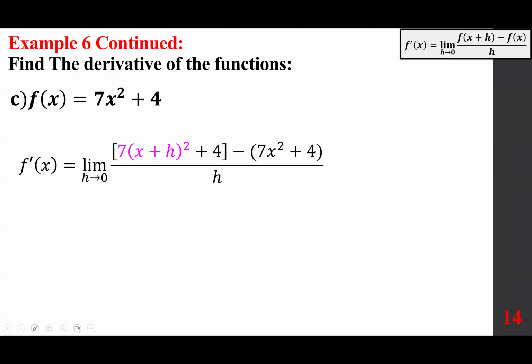So what about this one? a plus b squared is a squared plus 2ab plus b squared. Therefore, this is x squared plus 2xh plus h squared. We put the 7 in front of it and we distribute. We get 7x squared plus 14xh plus 7h squared plus 4 minus 7x squared minus 4.